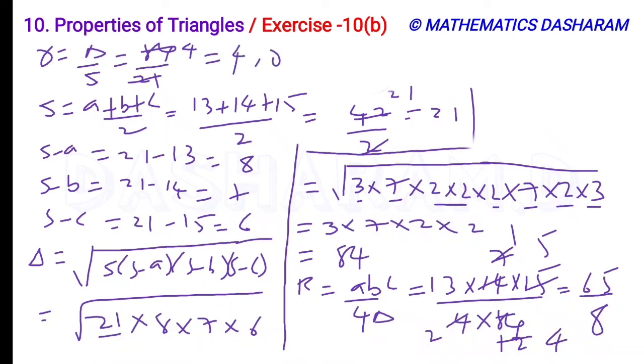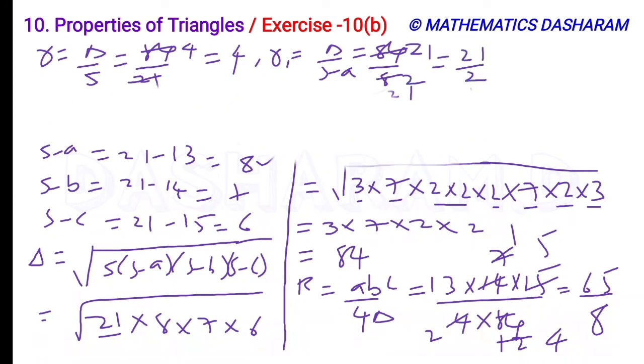Next, r1 is delta divided by s minus a. The delta value is 84 and s minus a is 8, so r1 equals 21 by 2. Next, r2 equals delta divided by s minus b: 84 divided by 7, which equals 12.